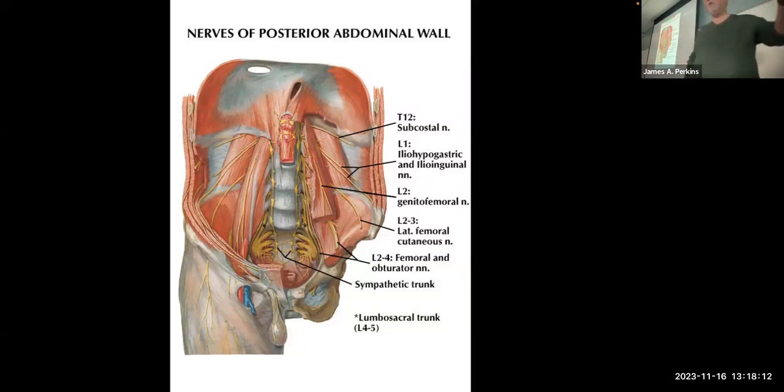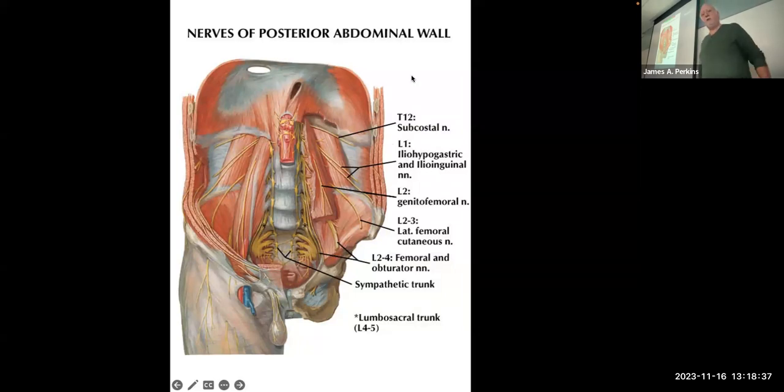But right off the bat, this is one of the places where identifying these things can be tricky. If you look at the way Netter's illustrated it here, you can see that iliohypogastric and ilioinguinal are already separate. As soon as you can see them, you can't see where they're joined together as a single ventral ramus of L1.